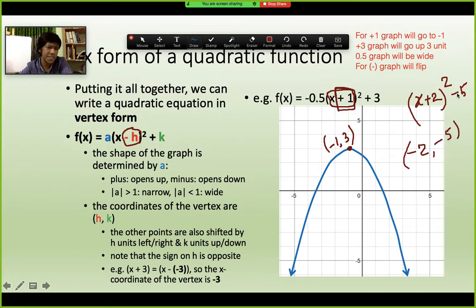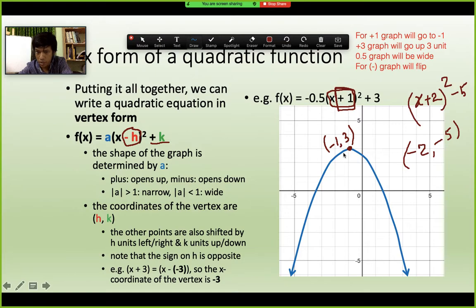The y value is as it is. The y value will remain the same. This value is plus k, no problem. But h is negative. So if it is given positive, then we have to take it negative in our actual math. Or even without thinking, you can just follow the transformation and automatically you should get this point from the graph.